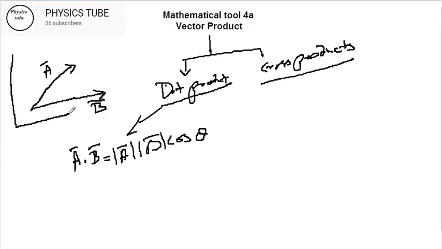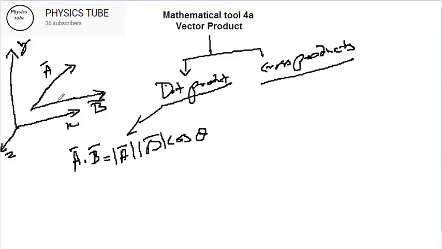Always remember, all vectors we are discussing are always in the coordinate system. So we always consider x, y, z coordinates and any vector given to you. A is in the coordinate system, B is also in the coordinate system. As discussed in the previous video, this is my y-axis, this is my x-axis, and this is my z-axis. So this can be resolved into its three components.